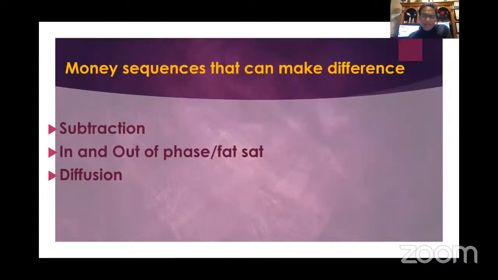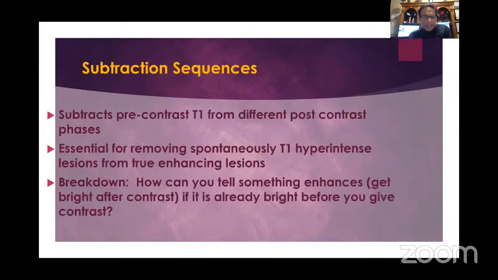The money sequences that can really make a difference in diagnosing renal as well as liver lesions are subtraction, in and out of phase, and fat sat. Remember that for renal tumors, fat is your friend, and diffusion weighted images. As far as subtraction technique is concerned, it is grossly underutilized.